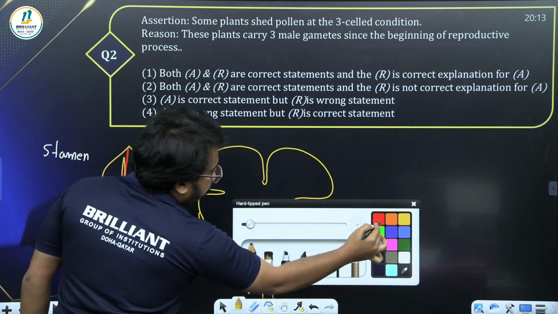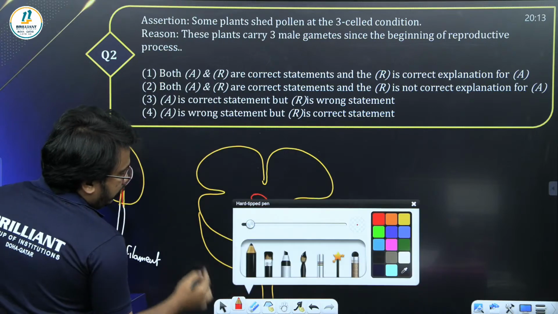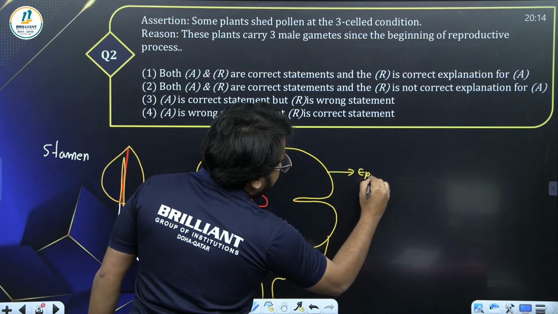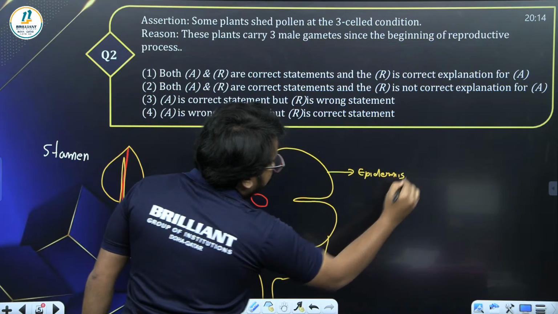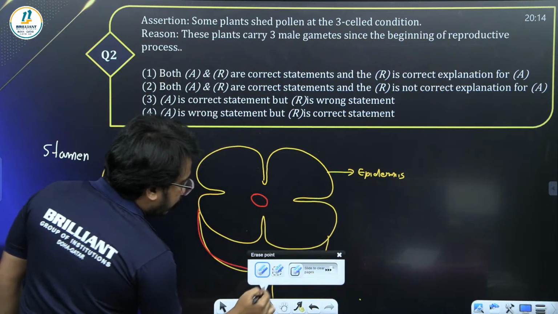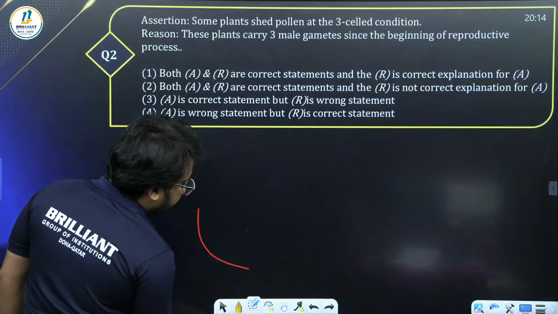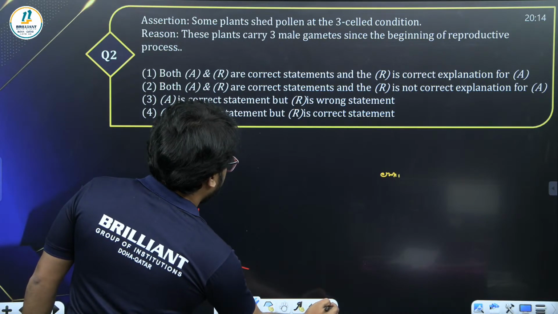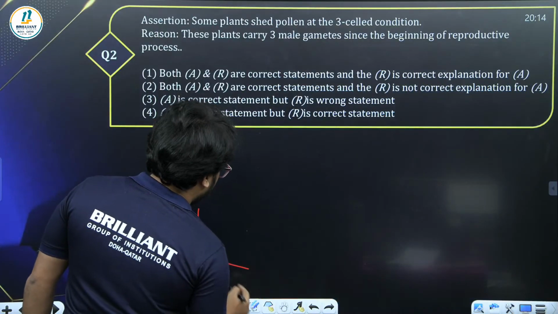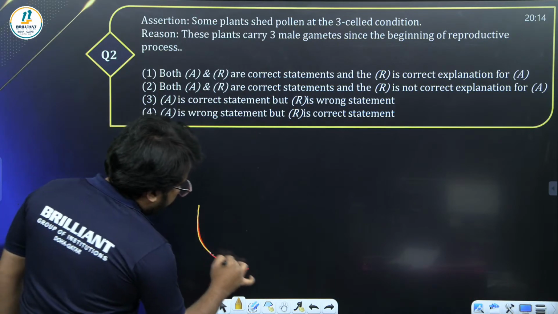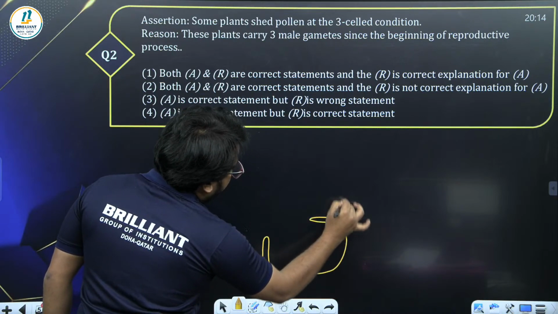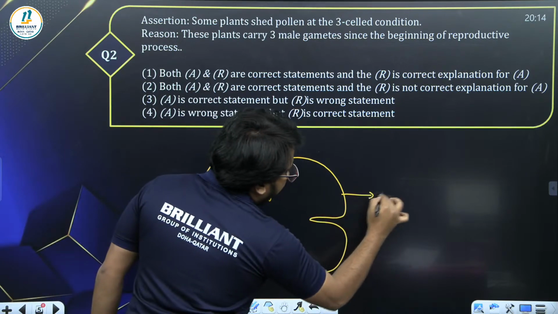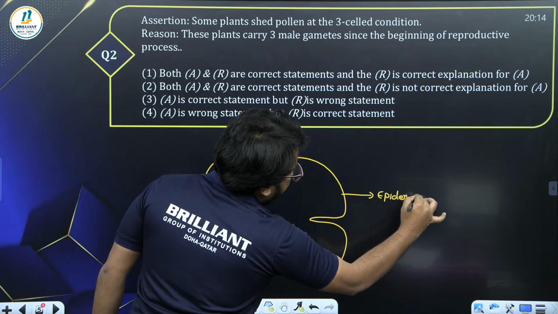So at the center, the connective will be present, and the outermost layer that is coming in the anther will be epidermis.